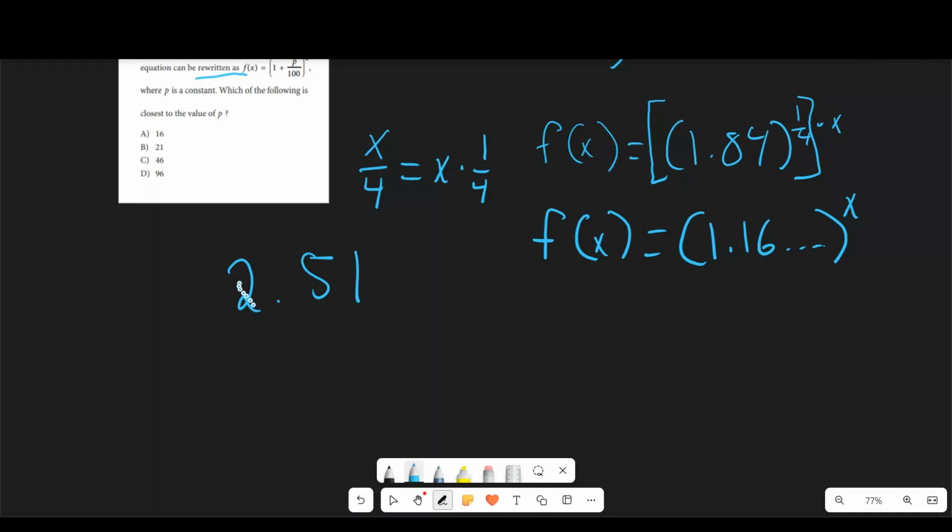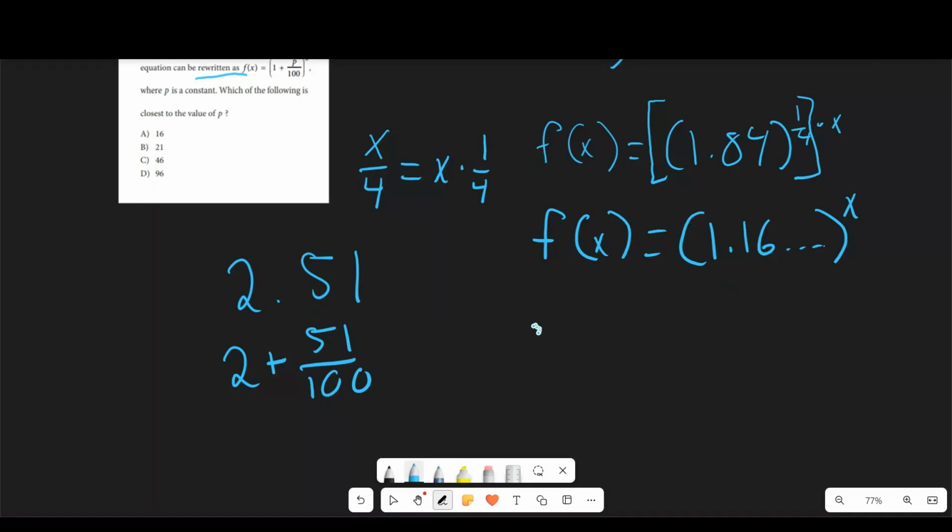So if we were to rewrite this number 2.51 as a fraction, we could write it as 2 plus 51 over 100, because we're saying we have a whole number 2 and 51 hundredths.